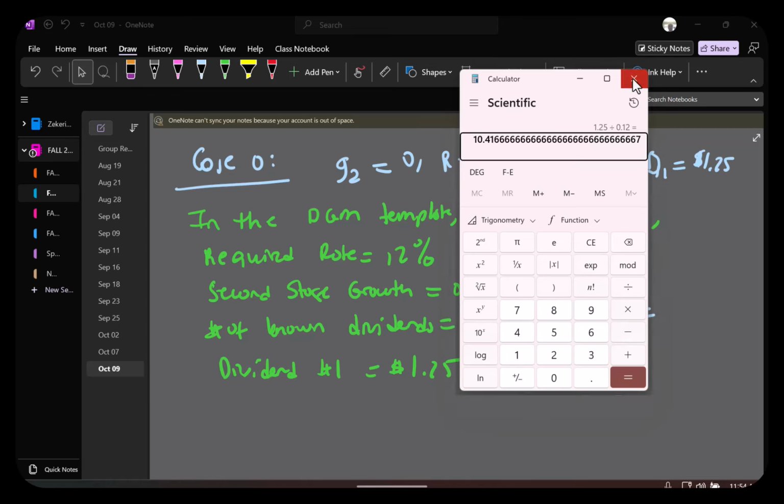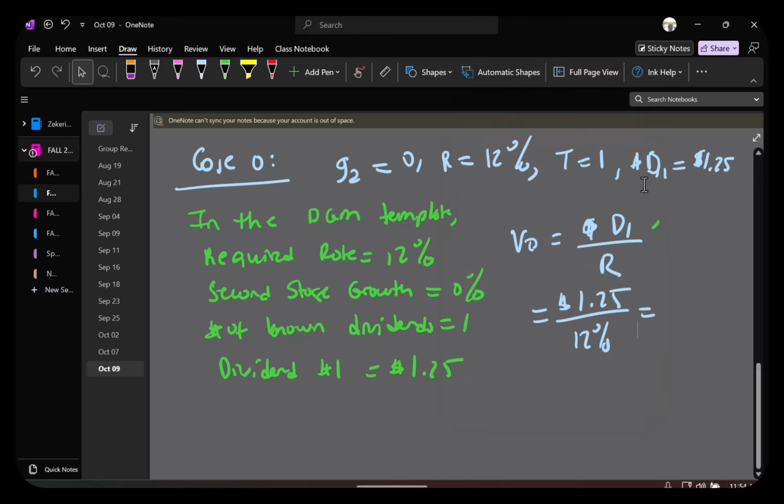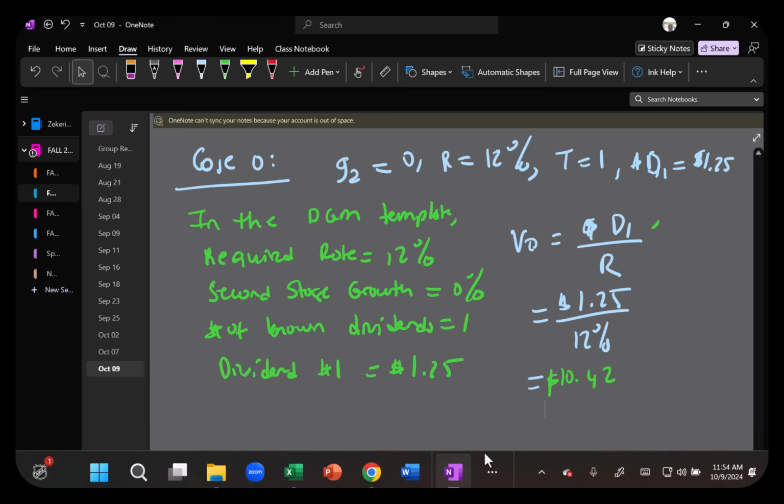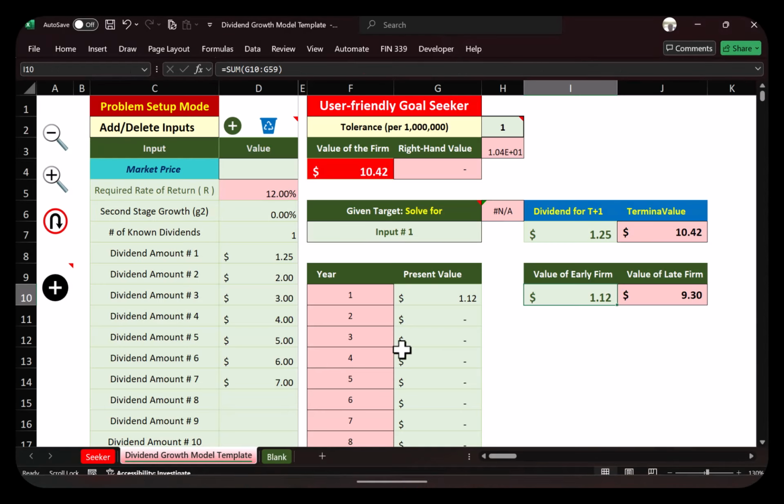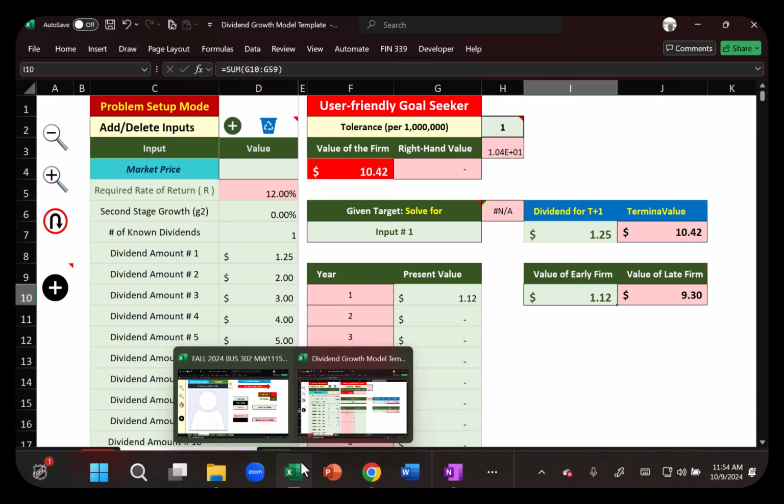What do you know? 1042. Rounded to a cent. So we know we're on the right track. Next, we're going to do a simple case one.